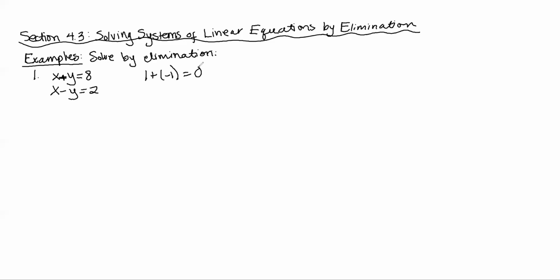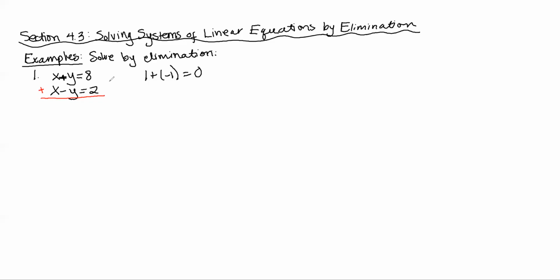So let's go ahead, and what we're going to do is we're just going to add these 2 equations together, which means you always want your like terms to be lined up. So x's, y's, constant on the right side. If they're not lined up and on the correct side, you're going to have to just rearrange it. It's usually given to you like this, but we'll see one where you might have to rearrange it.